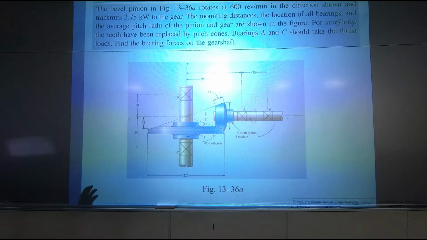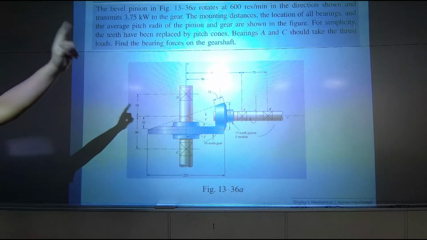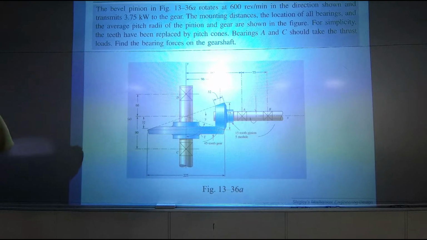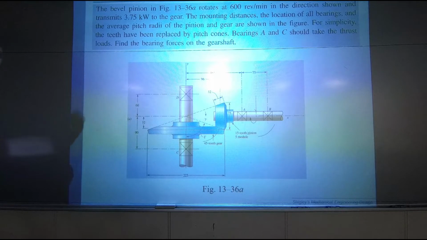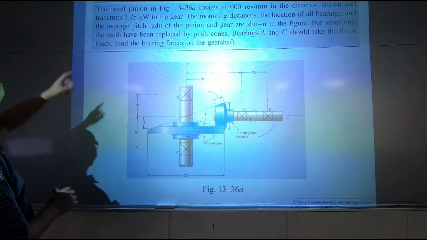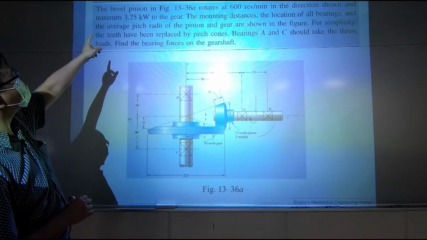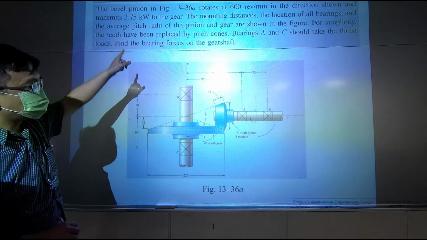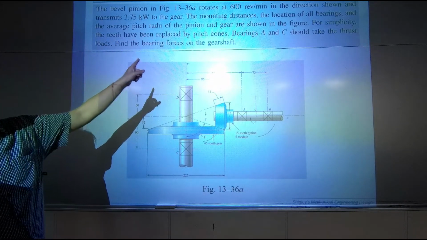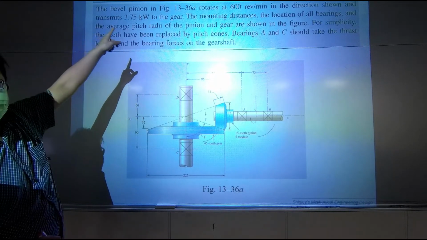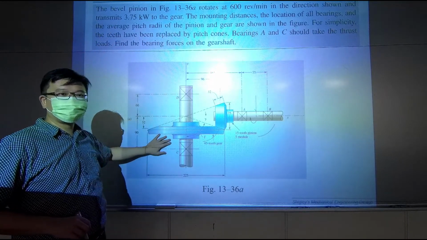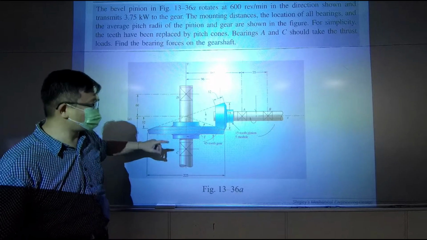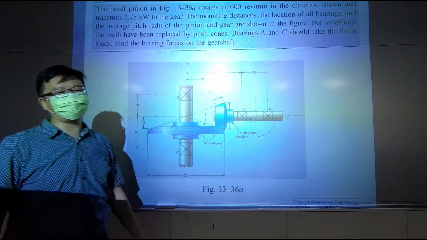Let me go through the wordings, and please pay attention to what happened. It says there's a bevel pinion. So which one is bevel pinion? This one or this one? Small one is bevel pinion.